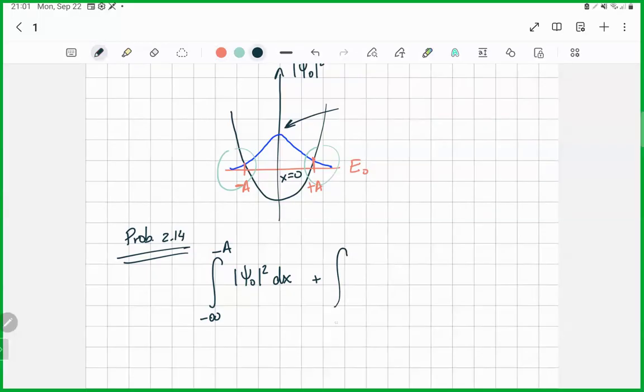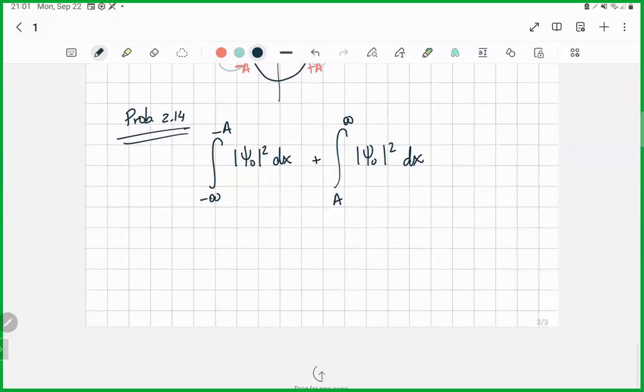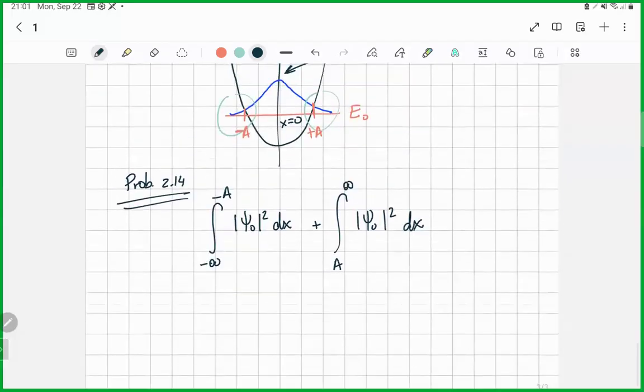To get this probability, you need to compute this. And what is this A? What is this amplitude? Well, this amplitude comes from the classical motion.